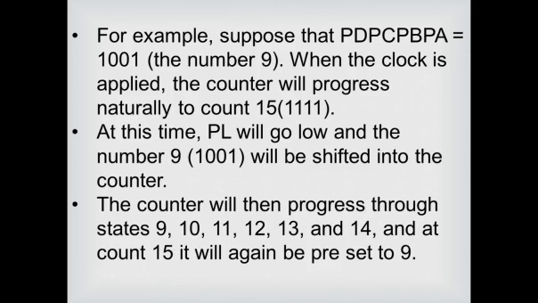Again, the output of the NAND gate goes low, and the data already presented, state number 9, will be loaded. That means after 14 it will no longer remain in the state 15, but will directly jump to the state number 9.